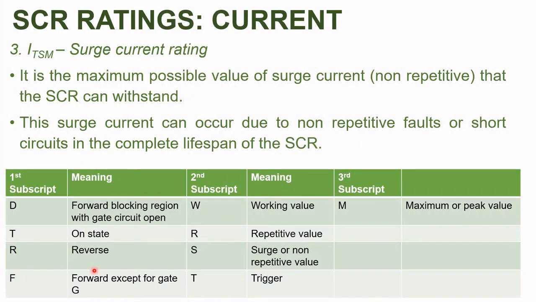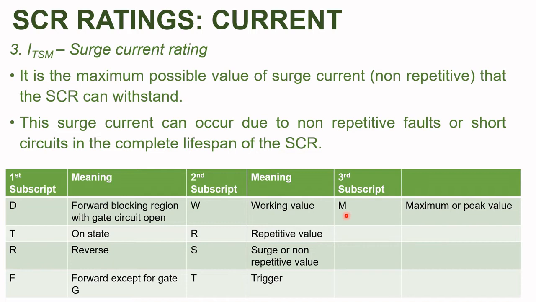The next rating is surge current rating. It is given by ITSM. T stands for on-state current rating, since it's the first subscript. S is the second subscript used for surge or non-repetitive type of value, and M is the maximum or peak value.